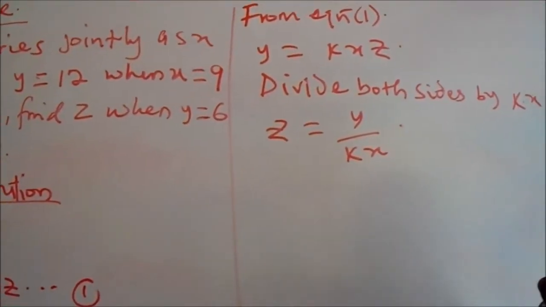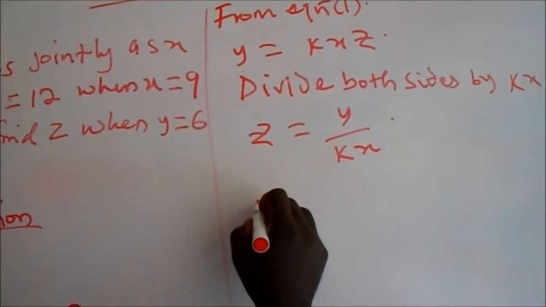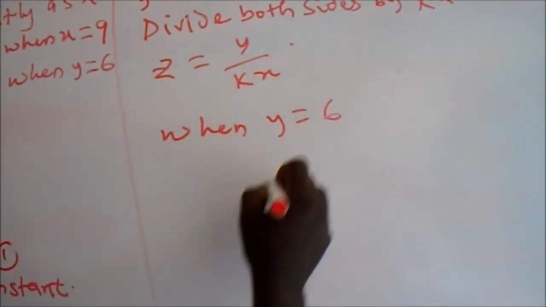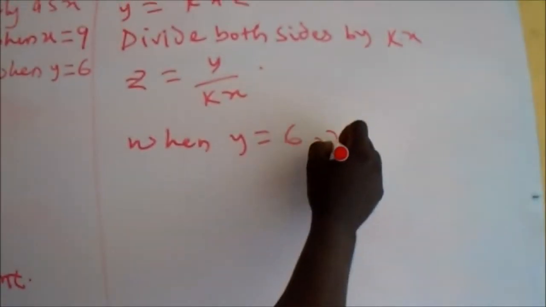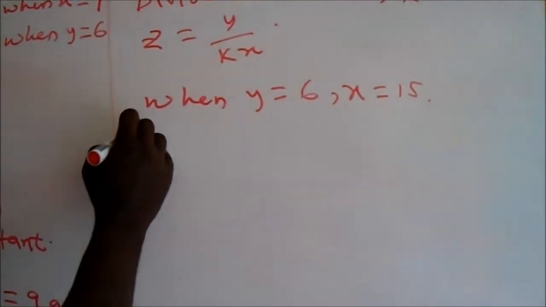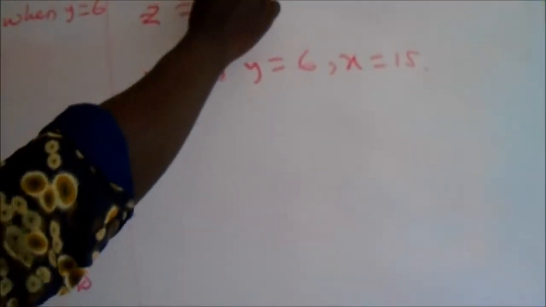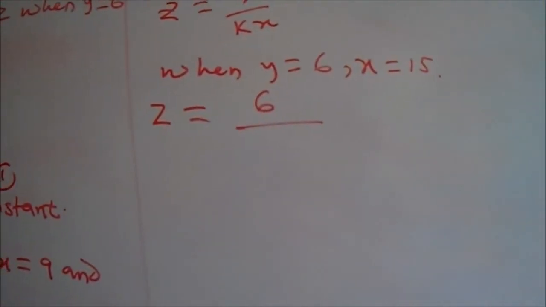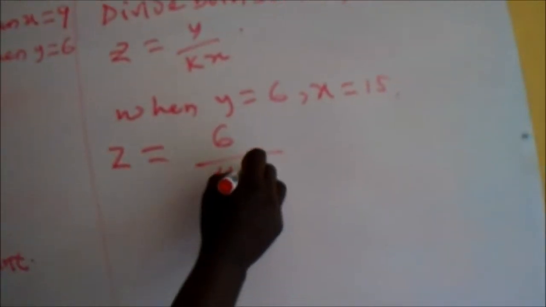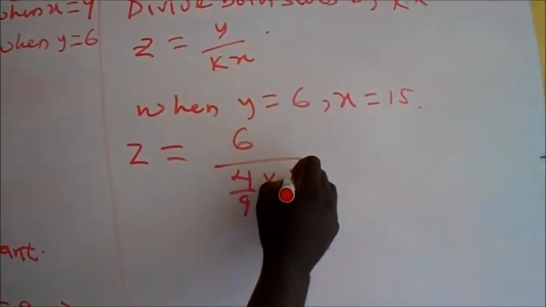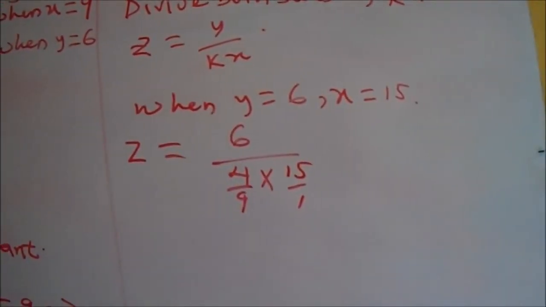When y is 6 and x is 15, by substitution, z is equal to 6 divided by 4 over 9 multiplied by 15, as you can see on the board.